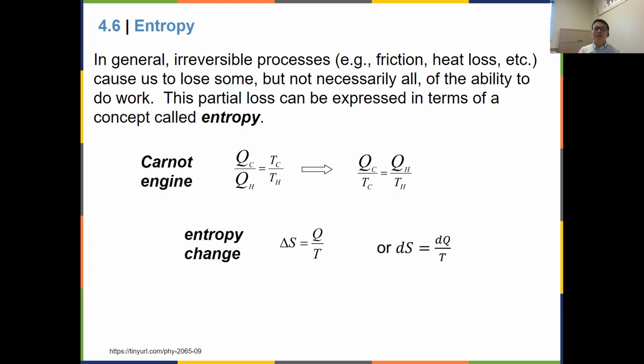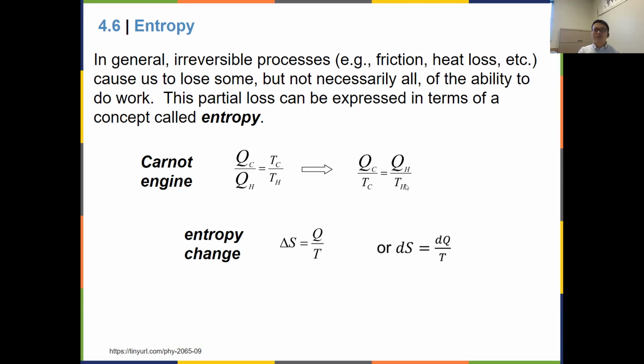Okay. So there's a hot reservoir, there's a cold reservoir. We can move parameters around, so we have the parameters associated with the cold reservoir on one side, and the parameters associated with the hot reservoir on the other side. So then we get QC over TC equal to QH over TH.